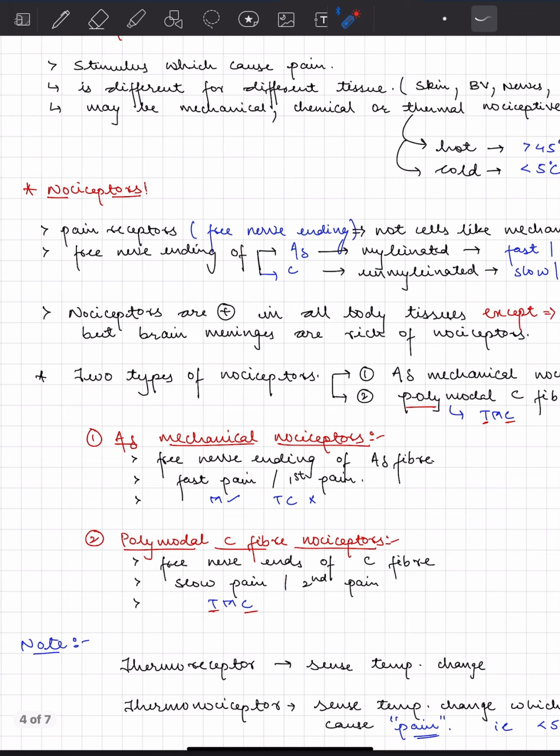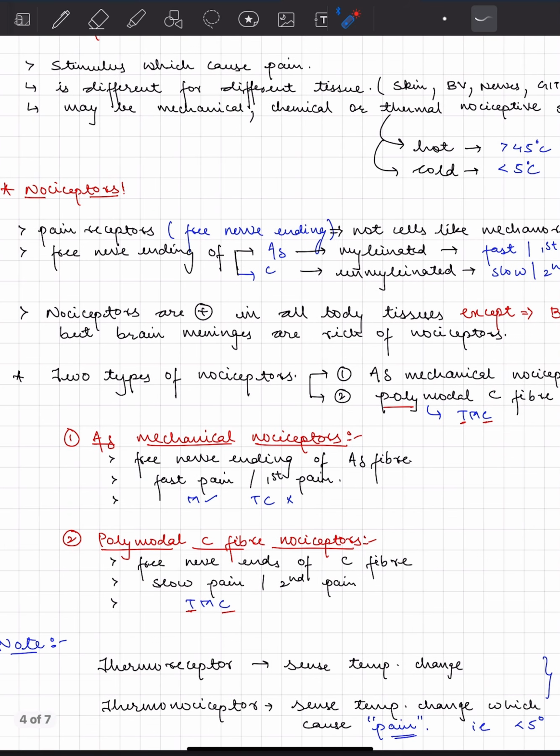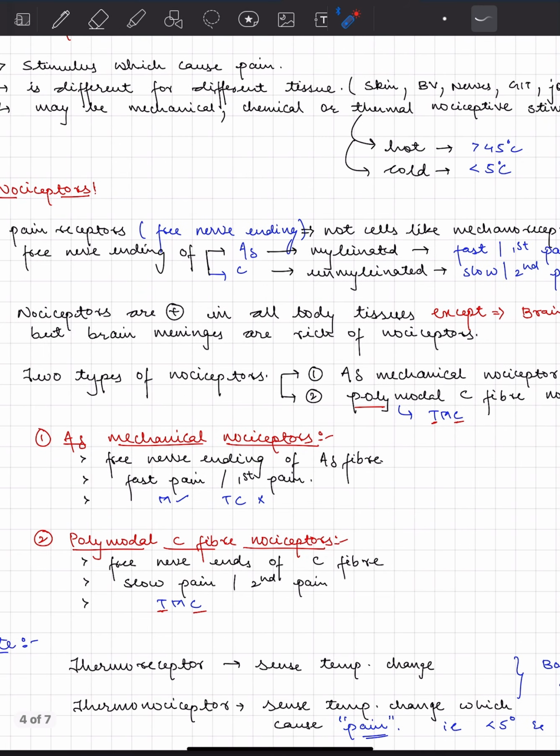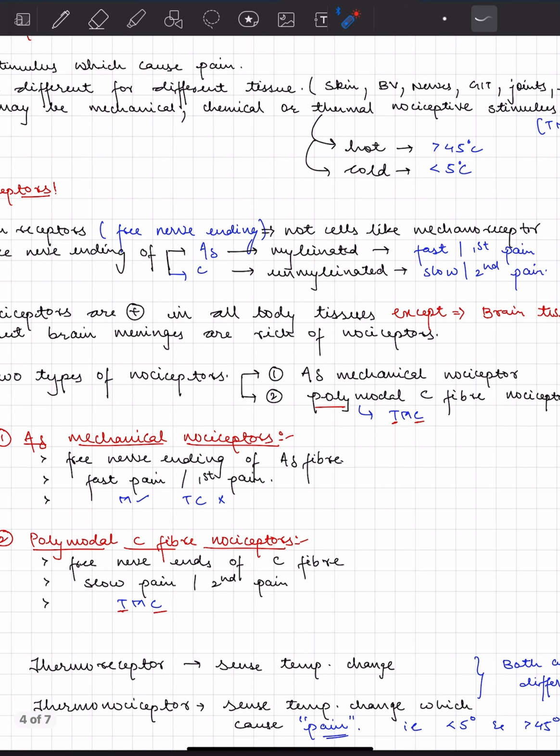According to the Erlanger-Gasser classification, there are three types of fiber: A fiber, B fiber, and C fiber. A and B are myelinated and C is unmyelinated. In A fiber there are alpha, beta, delta and gamma fibers. In that, the free nerve endings of A delta fiber and C fiber are the nociceptors, and A delta fibers are myelinated, so they have a large diameter.